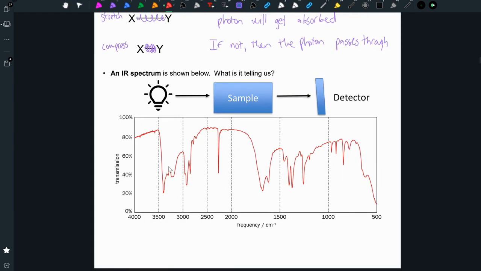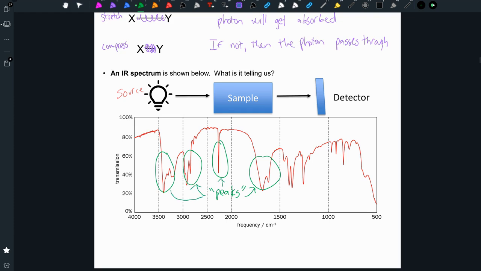So typically the way this works is we have a light source. We pass it through our sample, and then it goes to a detector. Some of it gets absorbed, some of it doesn't. And we produce a graph that looks this way. Now, this graph, the way we talk about it is a little upside down, because the valleys in this graph, these are called peaks, even though they're pointing down.